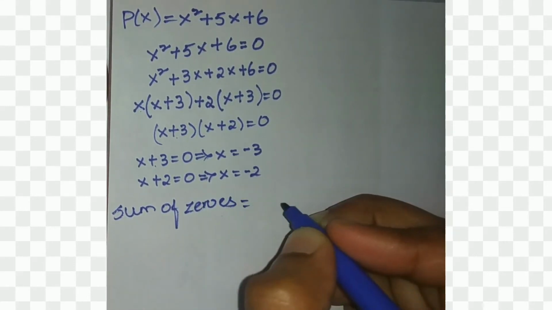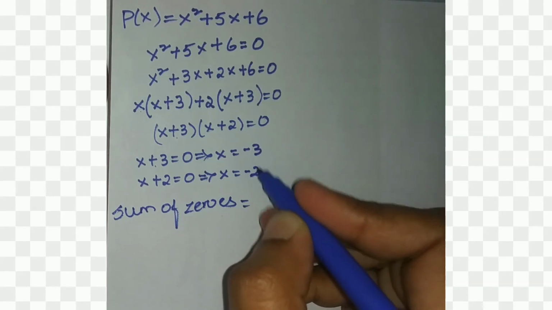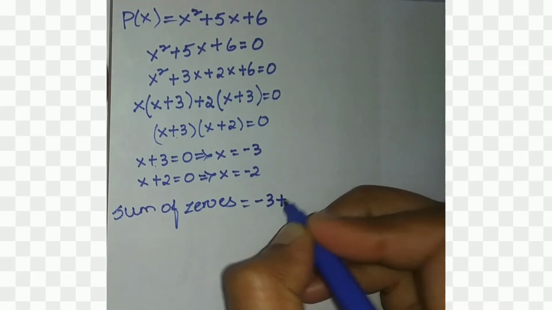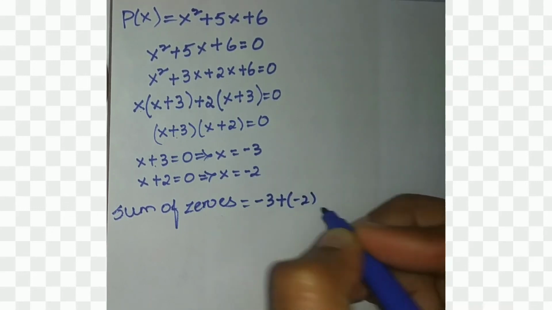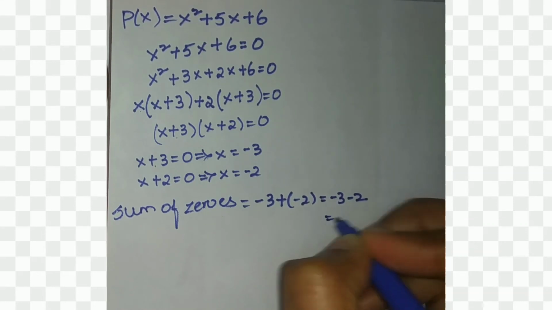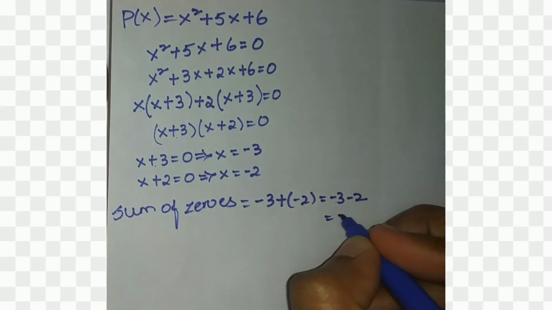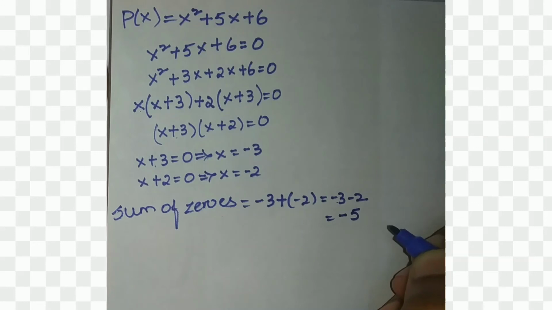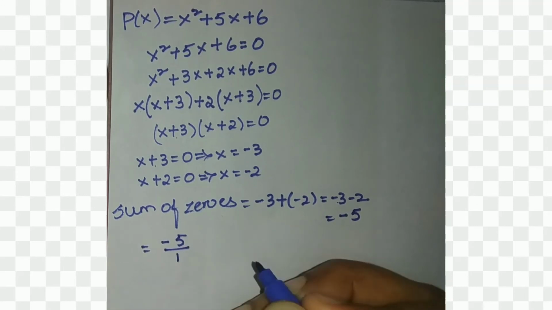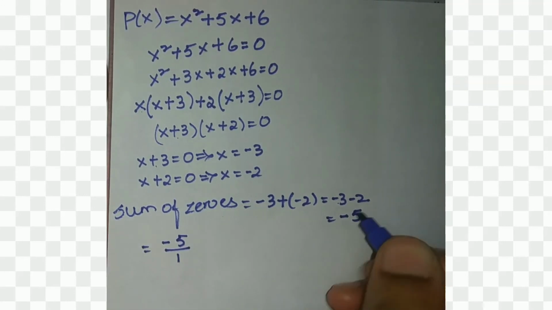Sum of zeros is equal to, we need to add both. So minus 3 plus minus 2, which is nothing but minus 3 minus 2. Minus 3 minus 2 is nothing but minus 5. Now we can write minus 5 as minus 5 by 1, which is nothing but minus 5, right?